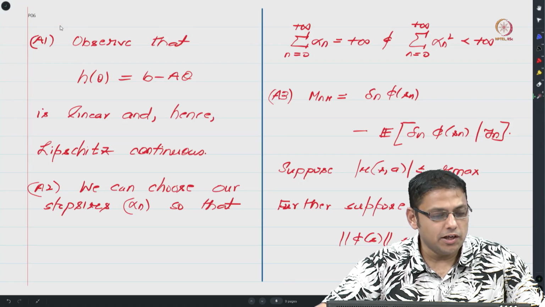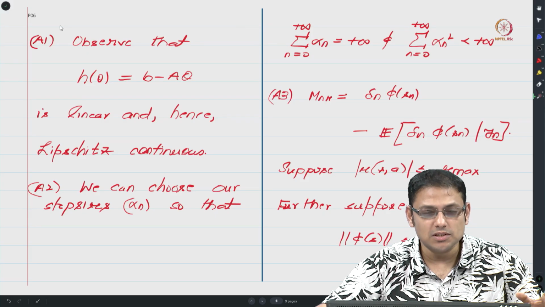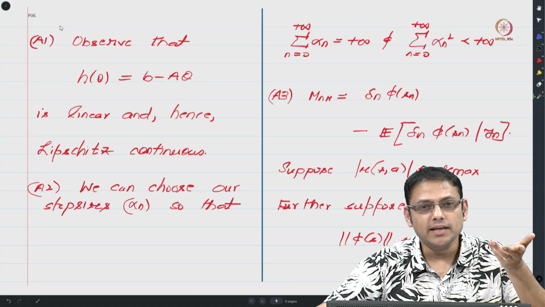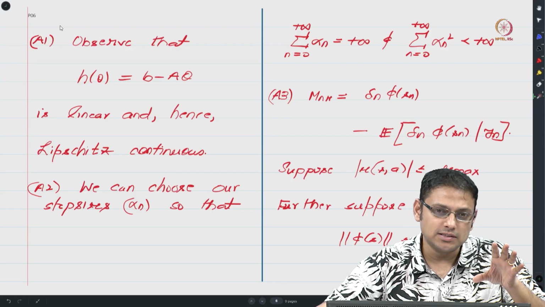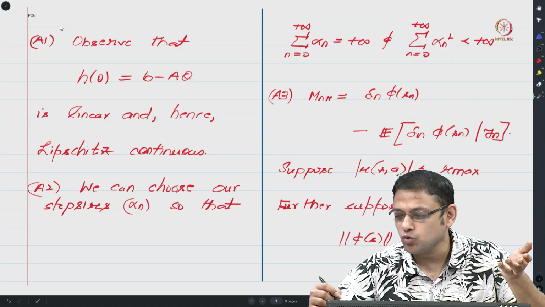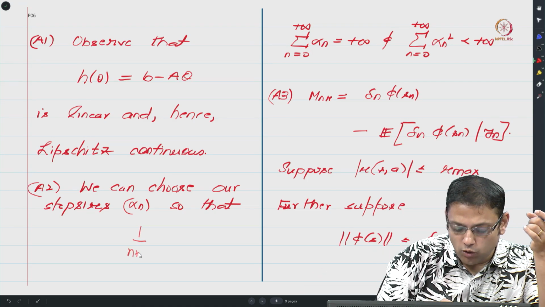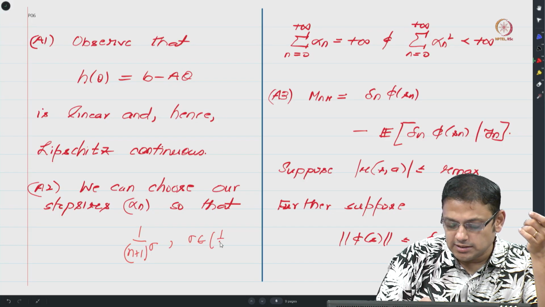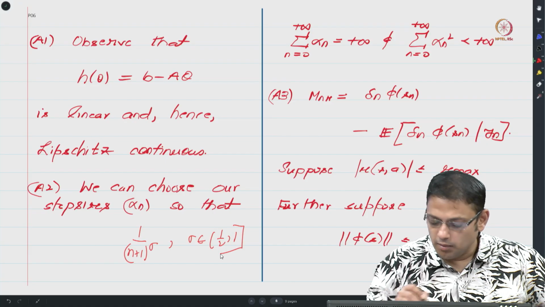Now the next thing that we need to verify is that your step size sequences satisfy some nice properties, which is that they shouldn't be summable but they should be square summable. To ensure this condition we will basically pick a step size choice that satisfies those conditions, and as I have told you, particular examples of such step sizes include 1 over (n plus 1) to the power sigma, where sigma is some number, let us say between half and 1, and 1 is also fine, so we can pick 1 as well.